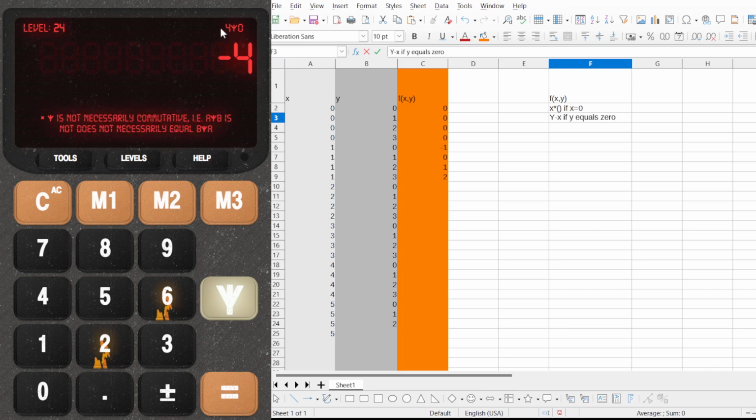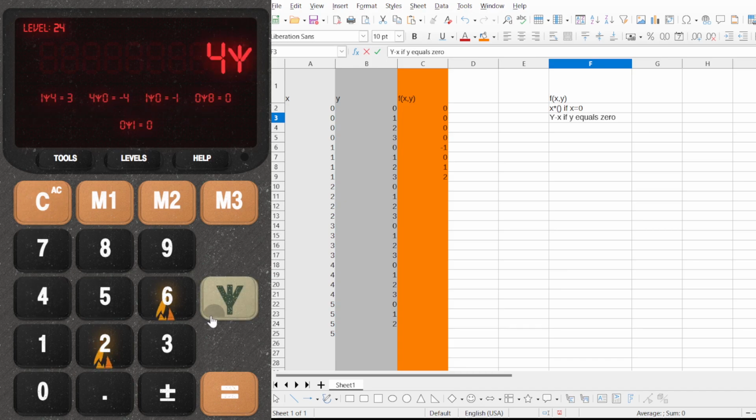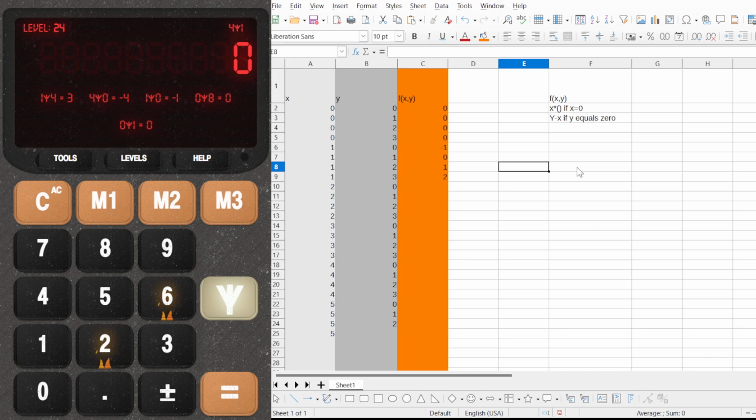So this one is y minus x, it fits. Also, let's check what happens if I input 1 and 4. It equals a 3. If I input 4 and 1, it equals a 0. Okay, yeah, we can work with that. 1, 4 equals 3, 4, 1 equals 0.